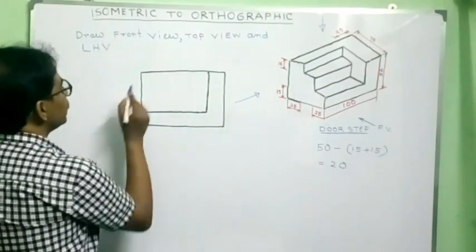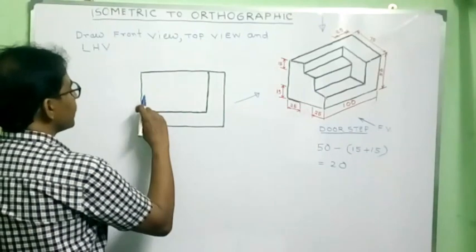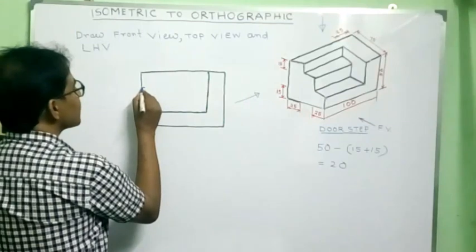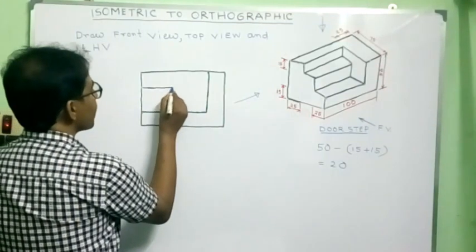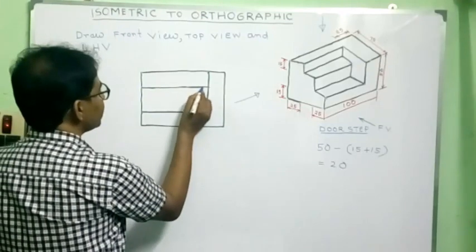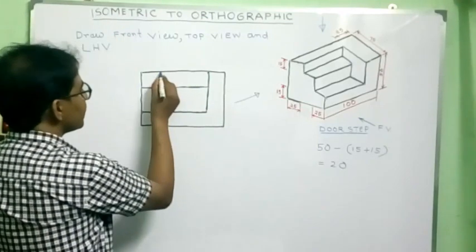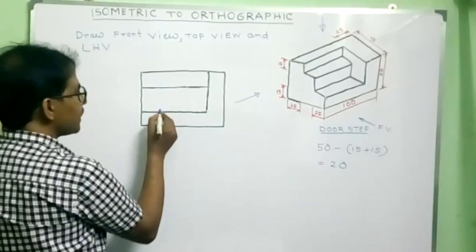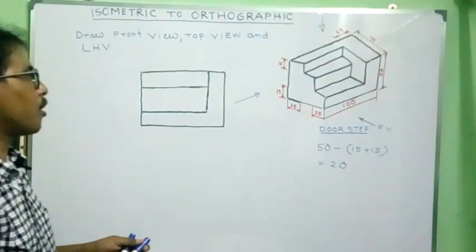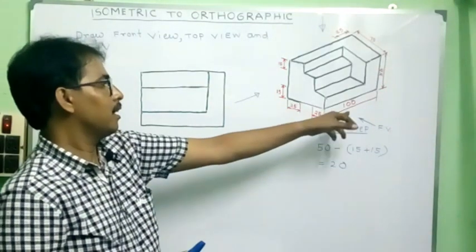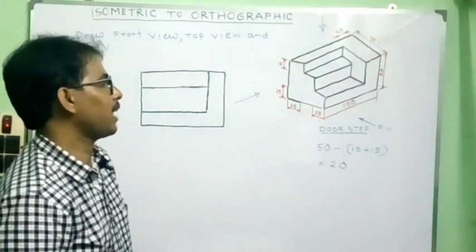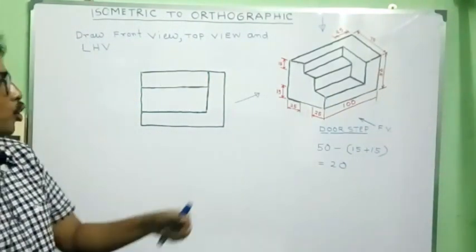So this is 15, this is 20, this is 15. Okay. This is the front view of the isometric doorstep.